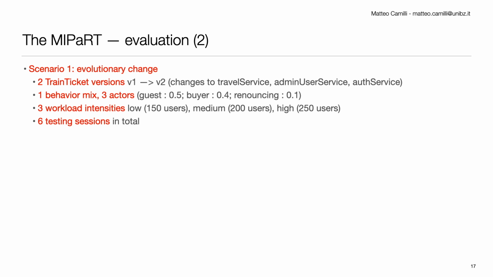In this case, we consider the same behavior mix, mixing three different actors: guest, the buyer, and the renouncing. And we consider also three different workload intensity values: a low value, 150 users; a medium value, 200 users; and a high value, 250 users. So in total here, we executed 6 testing sessions and integrated analysis to understand possible issues.